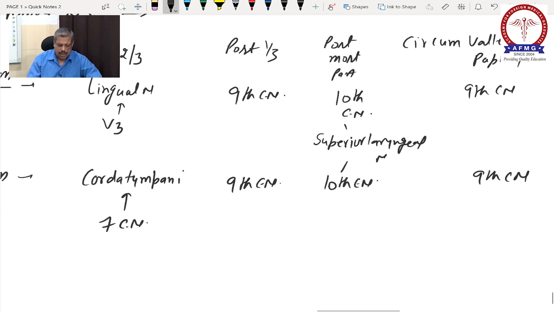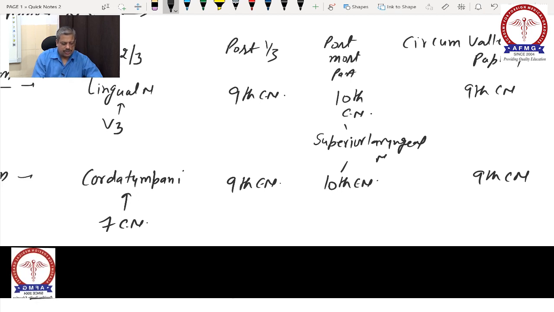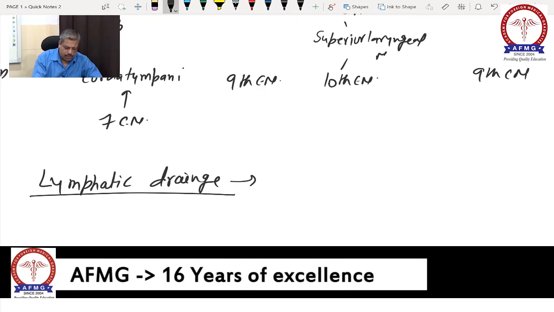Clear? Now the next heading is the lymphatic drainage of the tongue. It is also very important. For lymphatic drainage, we divide the tongue into three parts. The first part is the tip of the tongue.